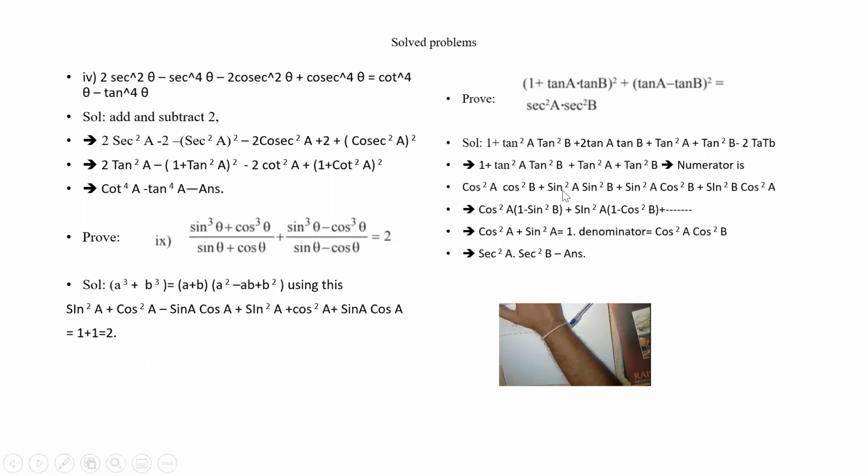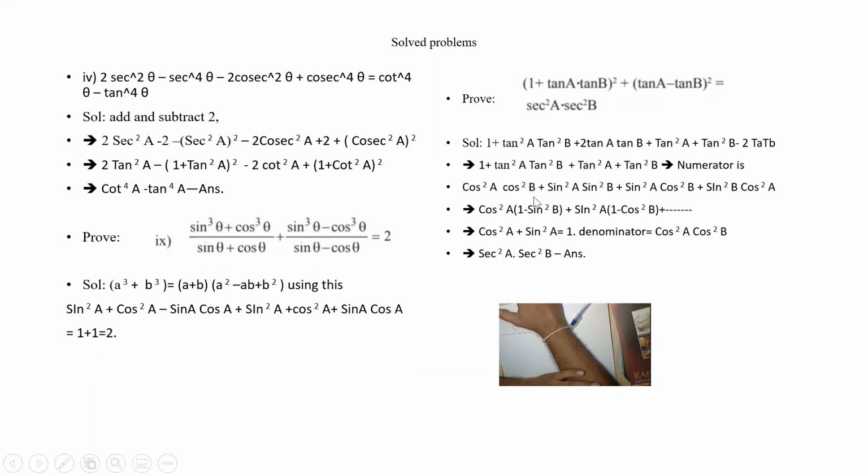So if I am taking sin square A out, sin square B plus cos square B. So instead of cos square B, we are writing 1 minus sin square B. Sin square A, instead of sin square B, I am writing 1 minus cos square B. Like that, instead of cos square B, I am putting 1 minus sin square B. Cos square A will be there, and sin square A, 1 minus cos square B. So when I simplify, plus minus, I am getting cos square A plus sin square A, that is 1.